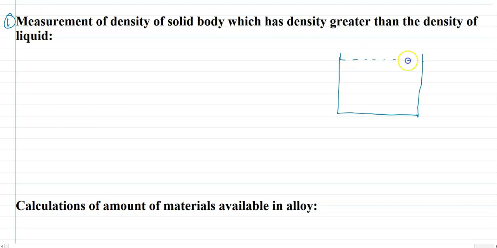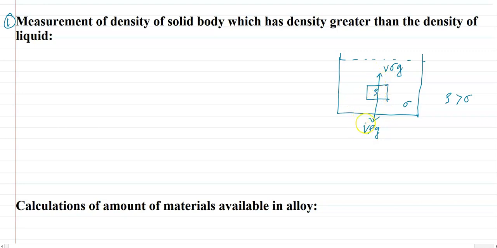If I take a solid body completely submerged in the liquid, as rho is greater than sigma, V rho g is the downward force and V sigma g is the upward force.